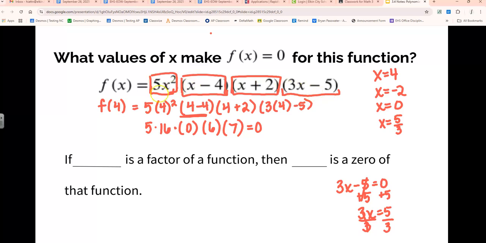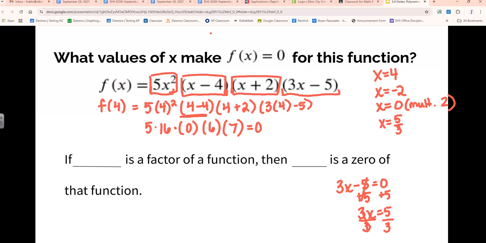And one other quick note right here, because this x squared has a square with it, that means that the multiplicity of this 0 would be 2. It would count twice whenever you're talking about the real zeros of this function.